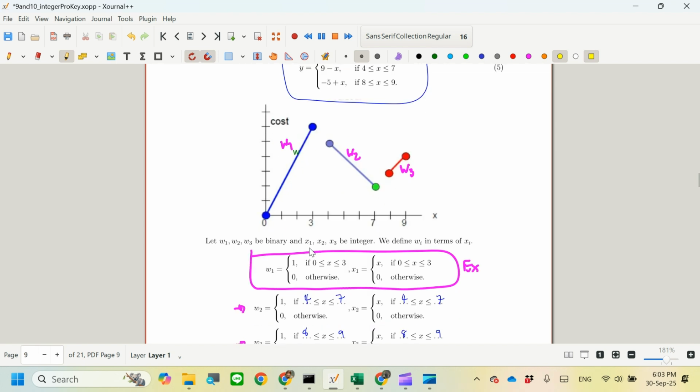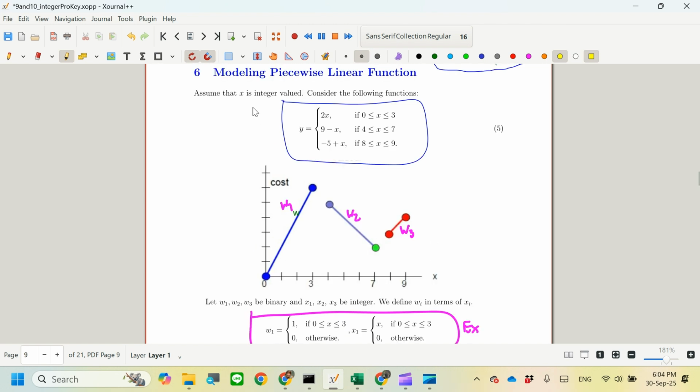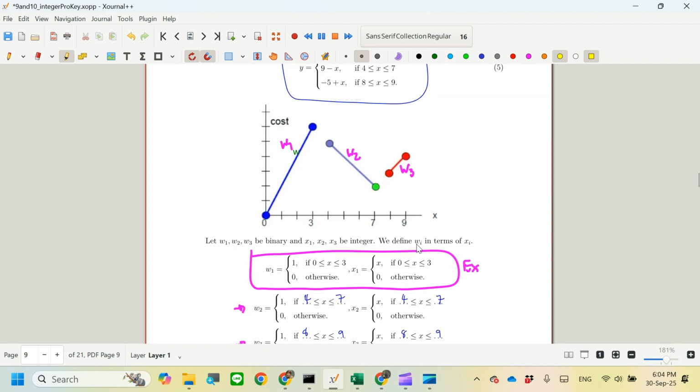And then we're going to let X1, X2, and X3 be integer here, because we assume up here that x's are integer valued. So we define Wi in terms of xi.